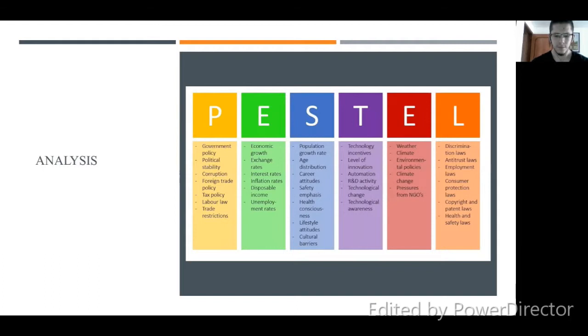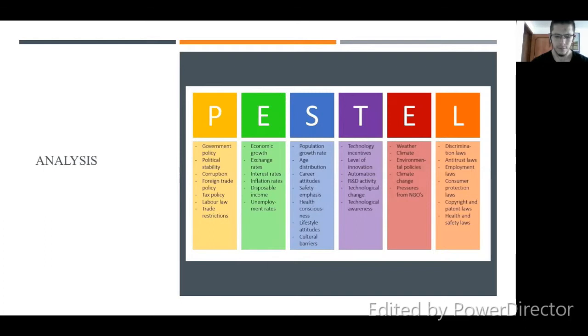So, for example, if you have a new market, a country where the politics is not so stable, actually it will be much difficult to enter that market. Yeah, nowadays it's very important, this aspect.